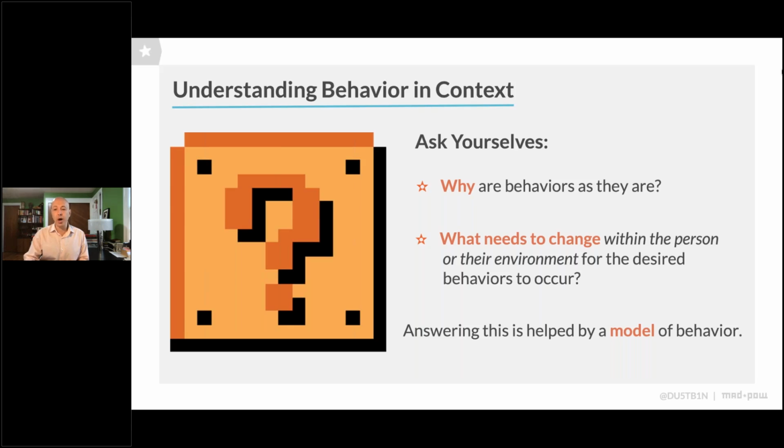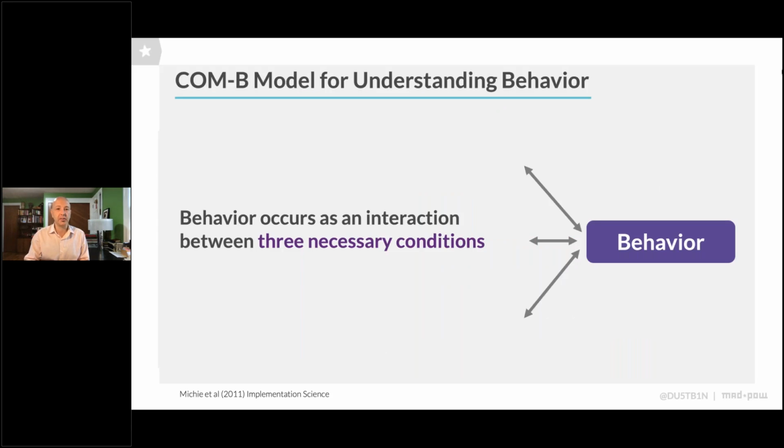And we can use a model of behavior, a framework from behavioral science, which helps us reduce the complexity to target our intervention strategies in such a way that we can better direct the right kinds of techniques to change the things that need to change, making us much more effective in choosing and designing the right kinds of interventions and making behavior more likely.